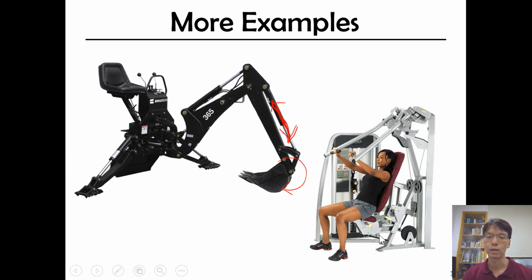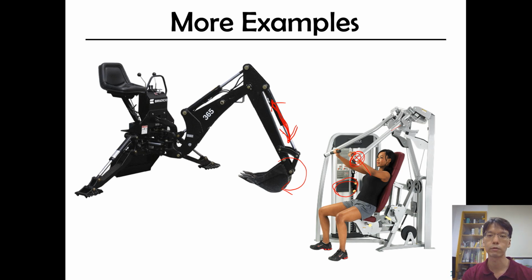And another example, you can often see this in a gym. The input is this bar. So when you are doing exercise, you push this bar, and there are some cables, some linkages here. So eventually you push the bar here, but it will lift the weight here.